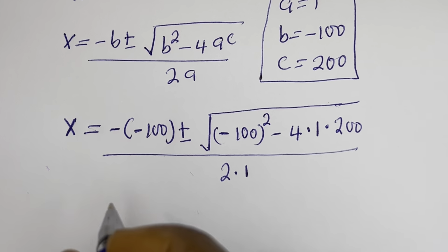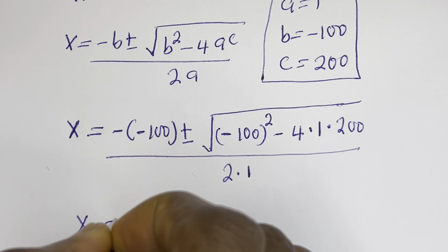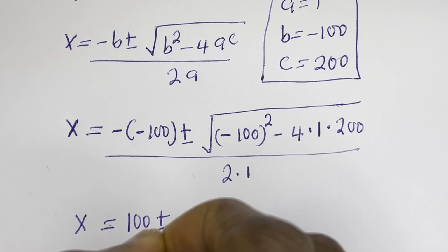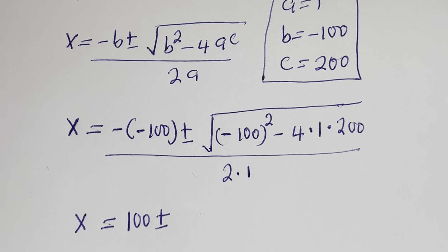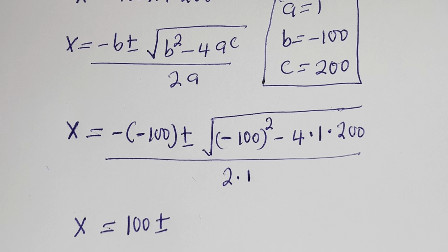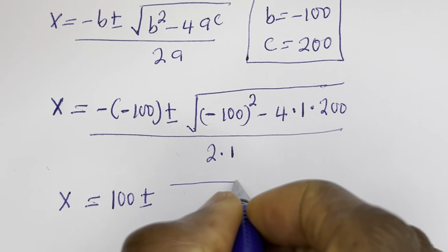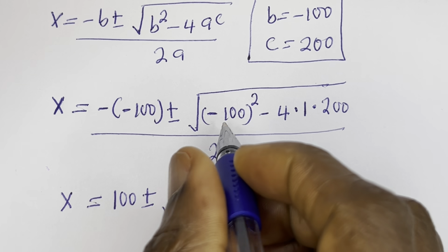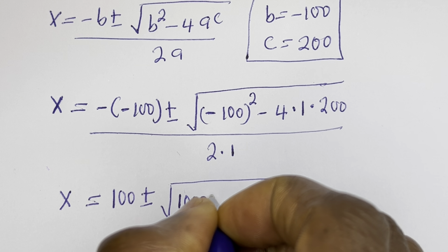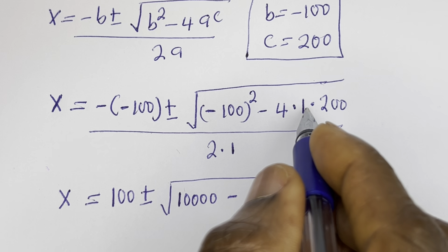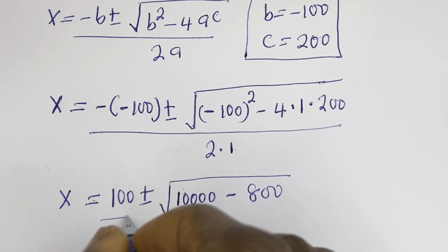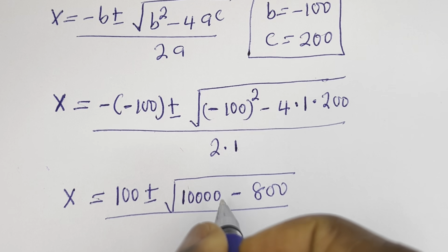Then here we have x is equal to minus times minus 100. This is 100 plus or minus then square root of minus 100 squared, that is 10,000, minus 4 multiplied by 1 multiplied by 200, that is 800. Everything over 2 multiplied by 1.